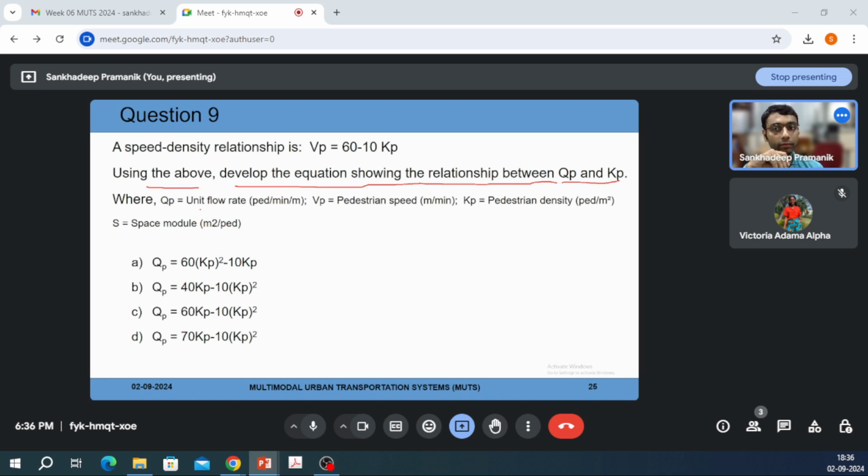Qp is the unit flow rate, vp is pedestrian speed, and kp is pedestrian density. You can use the relation q equal to k times v and calculate.